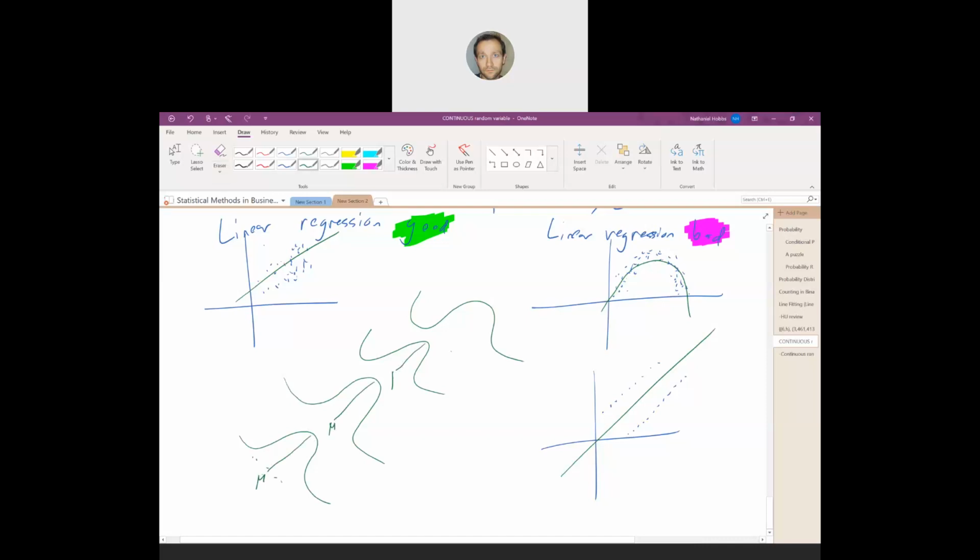So all of these have the same mu, and all of them have the same variance. So this is the same curve, and underneath the curve are points.